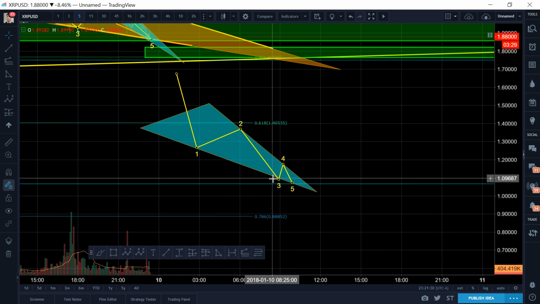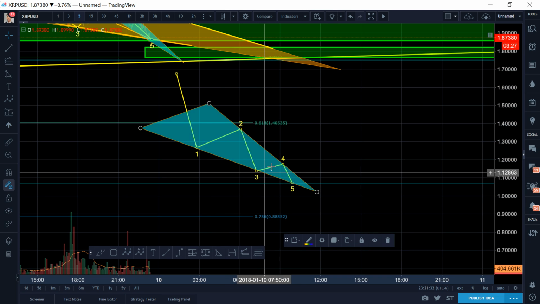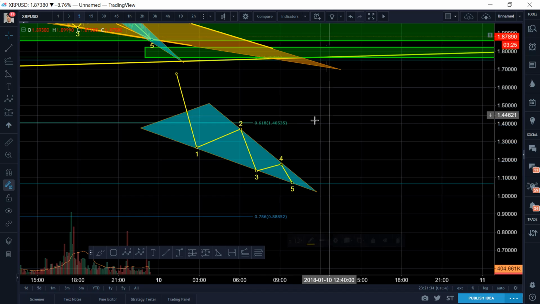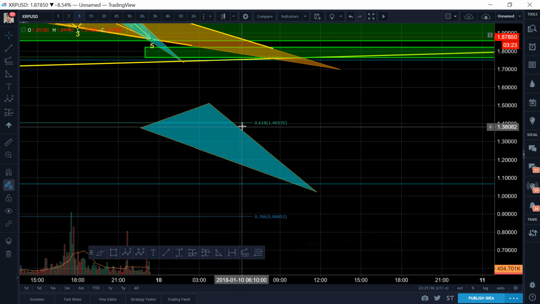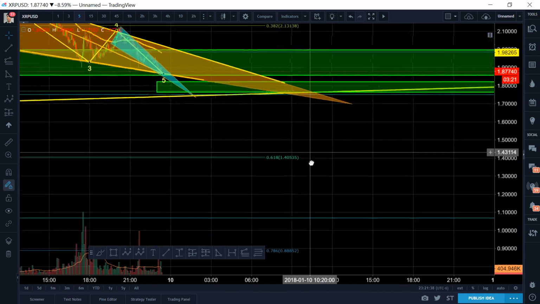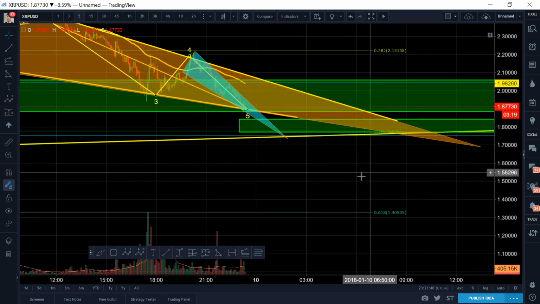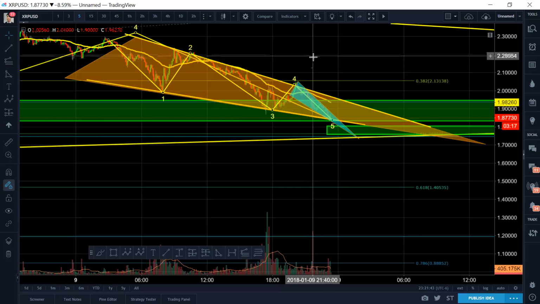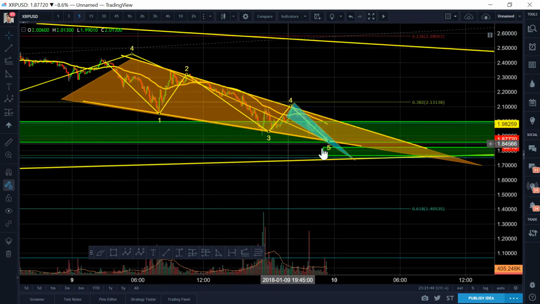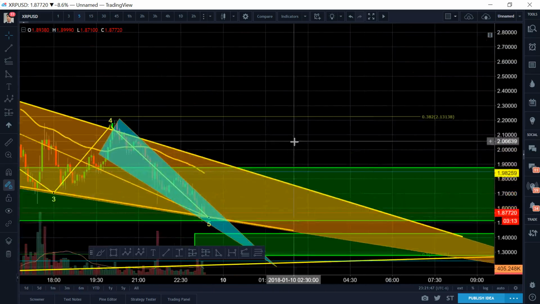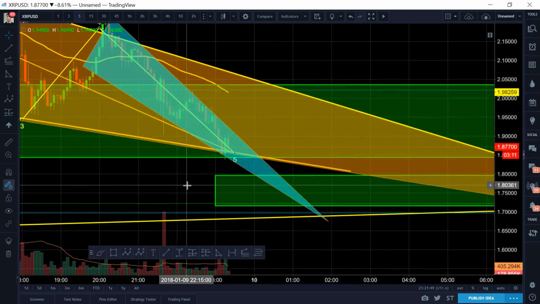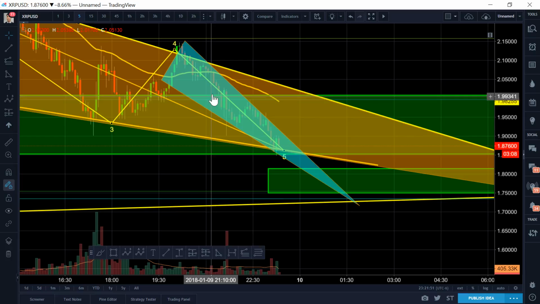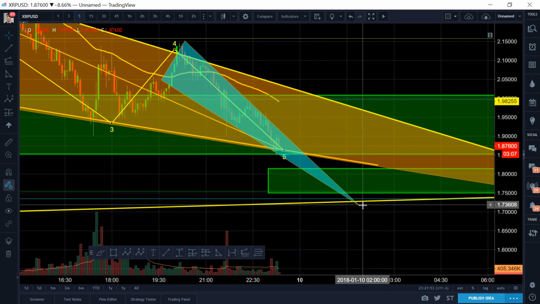Maybe not that extreme, right? And then it breaks out to the upside, and it's on a fifth wave, and it's also known as an ending fifth wave diagonal, right? So not only do we see it on the big picture on the huge fourth wave right here, but we also see it right here in the fifth wave of the subwave.